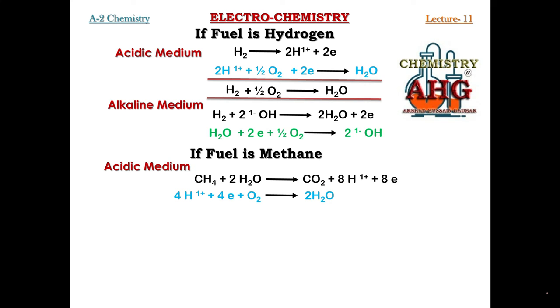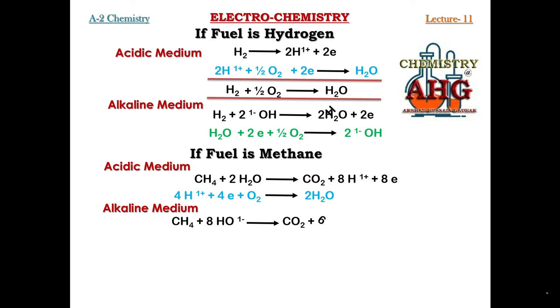Okay, moving on. If you have completed this, we can write down our equation for alkaline medium. Now this time what will happen? The reaction at the anode will remain the same as we have written in the previous case: CH4 plus 2H2O giving CO2 plus 8H ions plus 8 electrons.